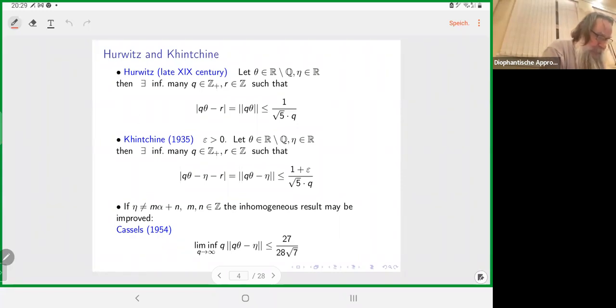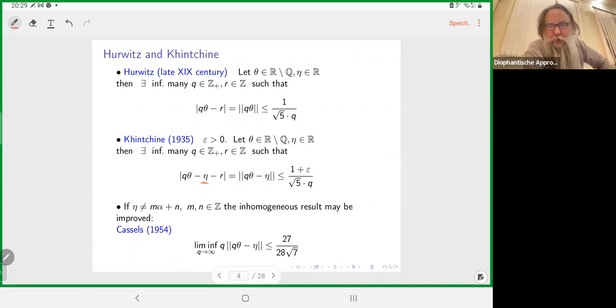So here I recall Khintchine's theorem, which gives a quite similar bound as the Hurwitz theorem for the inhomogeneous result for arbitrary eta here. There are a lot of interesting problems related even to the one-dimensional case.